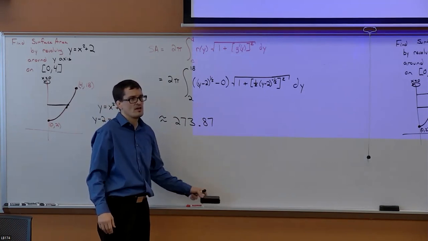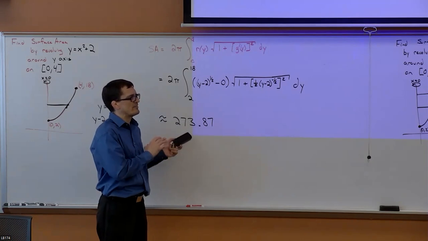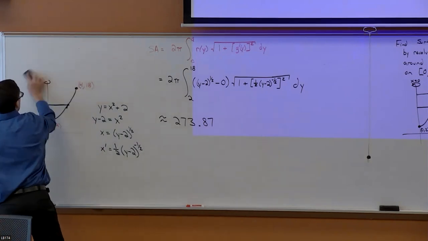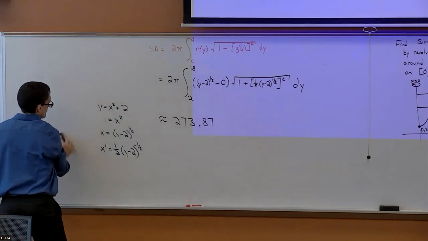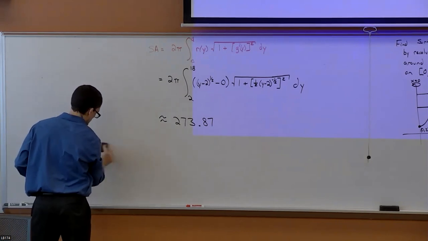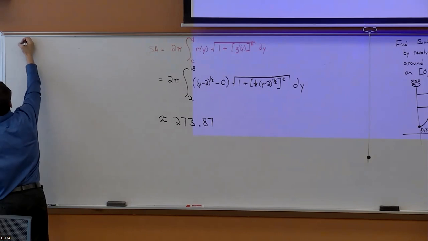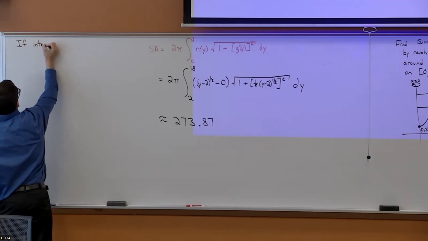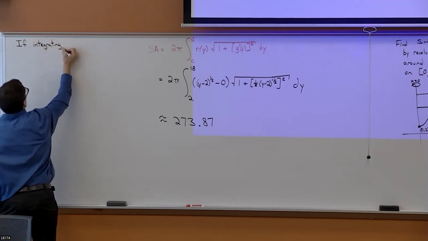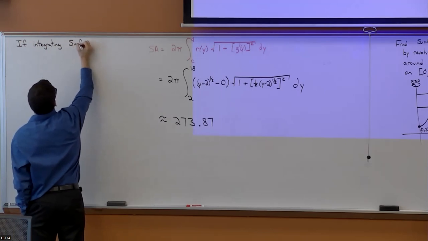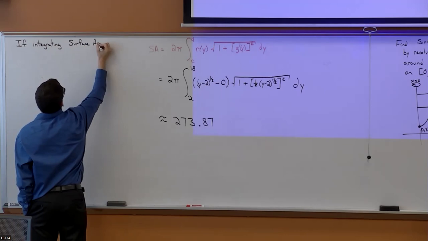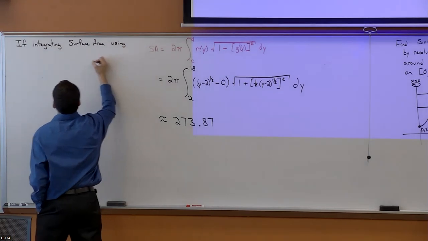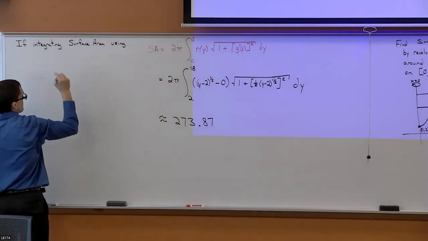All right? So this is kind of the disk method radius versus the shell method radius. And just so that I write this down, if integrating surface area using, I should have said it's defining surface area, sorry.